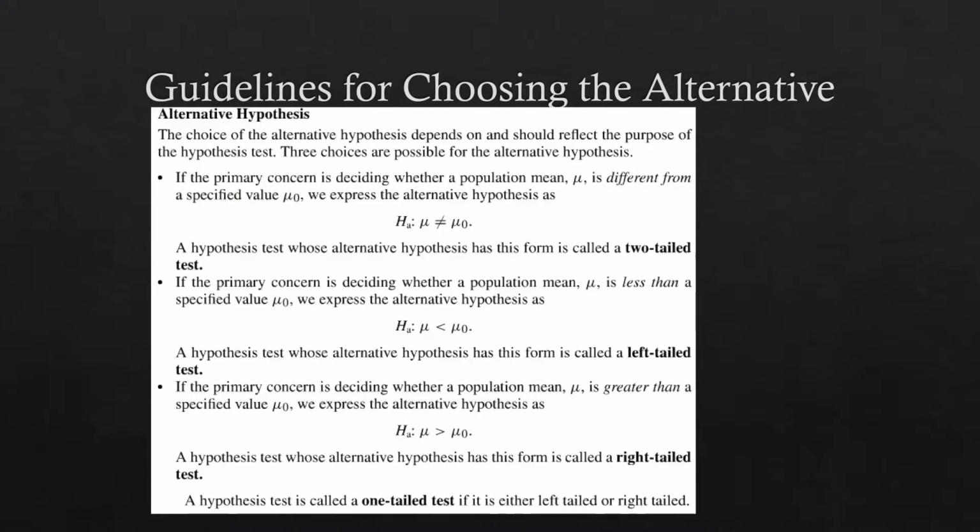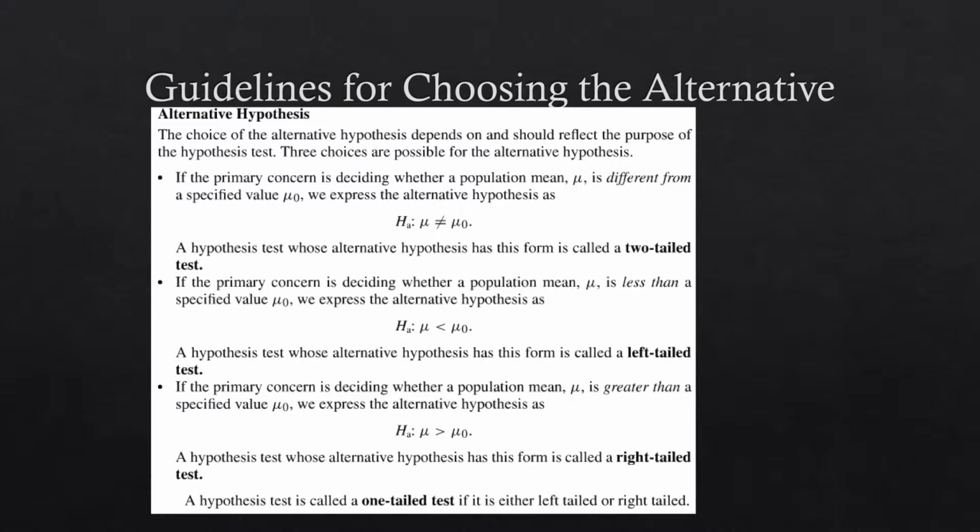As for the alternative, you basically have three choices. Not equal to, which means it's a completely different value. The alternative is a completely different value from the null. We call the not equal to a two-tailed test. Then you have when the alternative is less than. When the population mean is less than the specified value, that's what we call a left-tailed test.